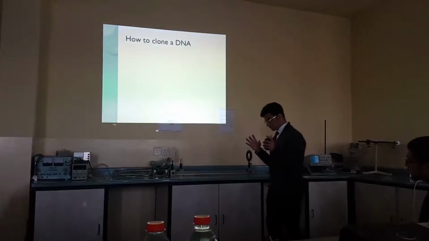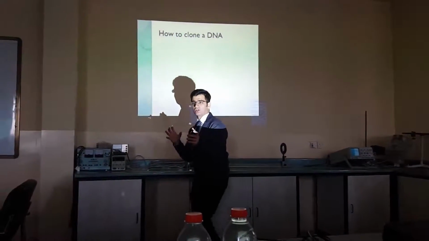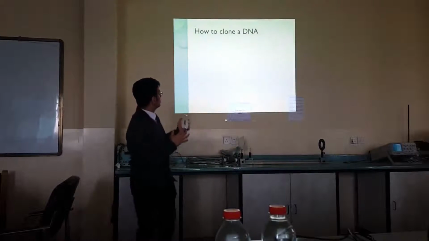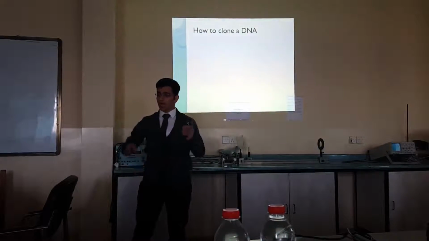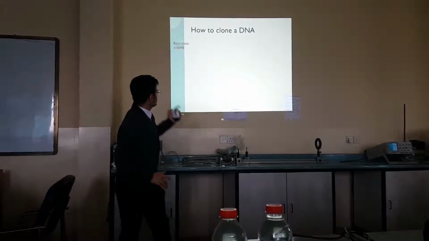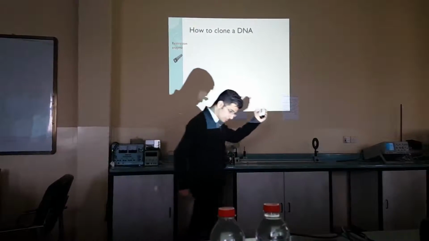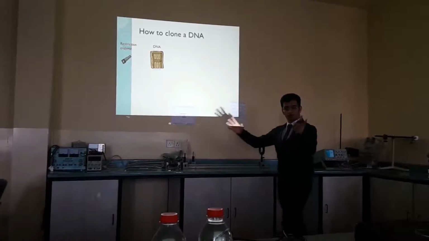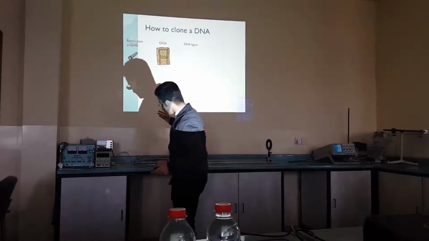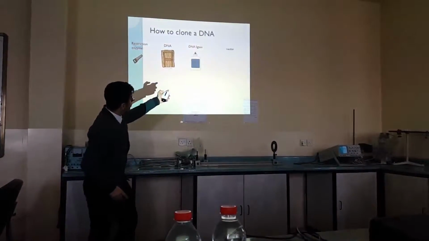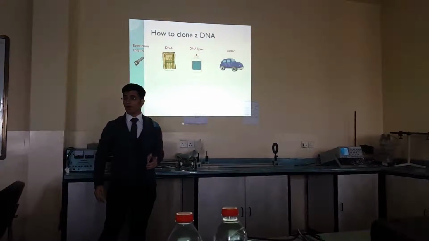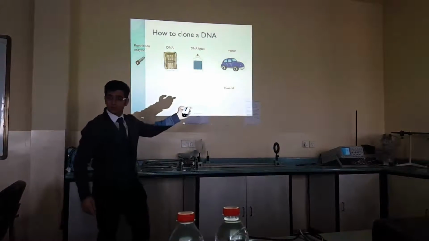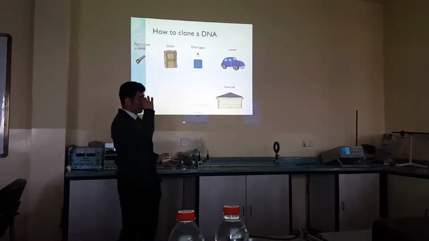I would like to give you a cartoon story so you can understand how DNA is cloned. We have five main characters: the restriction enzymes, represented by a saw, and the DNA, represented by a door, then DNA ligase, which is represented by glue, the vector, represented by a car, and then the host cell, which is represented by a garage.